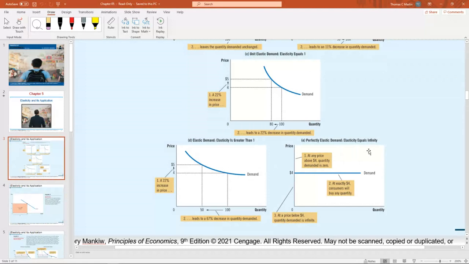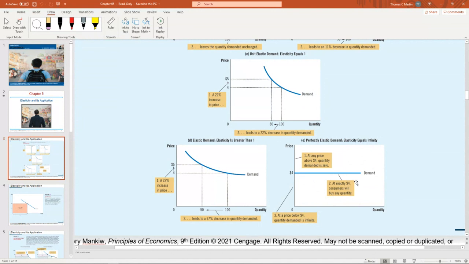In a perfectly elastic situation, it doesn't matter what the quantity is. If, for instance, the price is $4, the consumer will consume an infinite supply of those products.